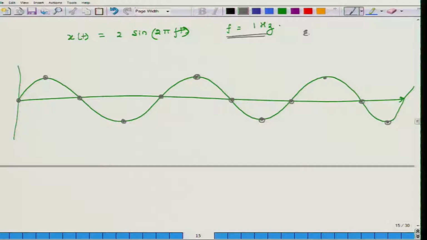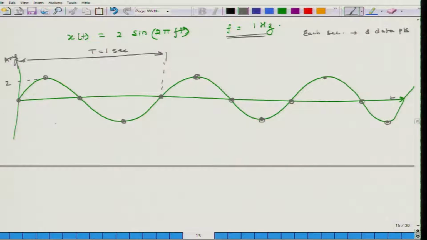So, each second I get 8 data points. This is my time axis, this is my amplitude. This maximum value is 2, and how much is this duration? T is equal to 1 second. So, in each second it is getting 8 data points.